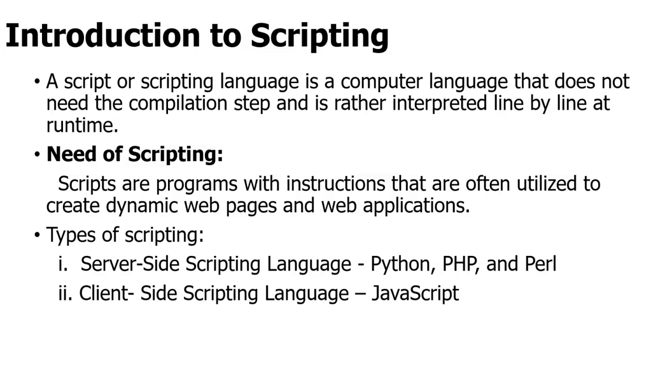So where do we go for scripting languages, and why is it required? For example, everyone knows that we fill in a registration form, and we have different buttons. Someone will create a submit button, someone will create an OK button. If I want some action, we get some response once we submit a form.